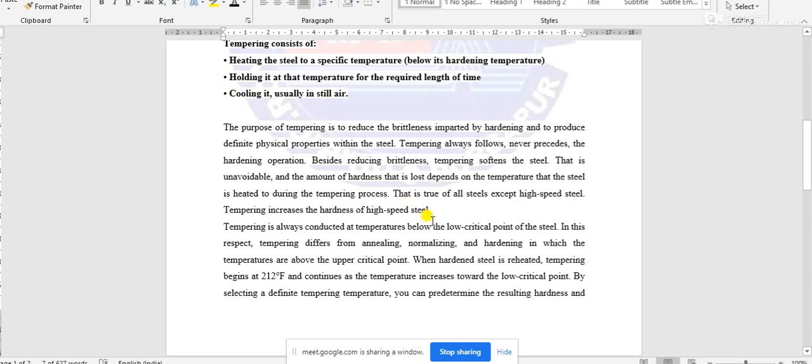That's why the brittleness of the steel is reduced and the steel is softened after tempering. Almost for all steels, this reduced brittleness or reduced hardness occurs after the tempering process.